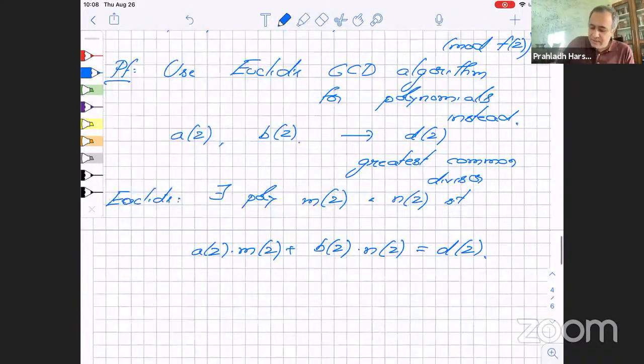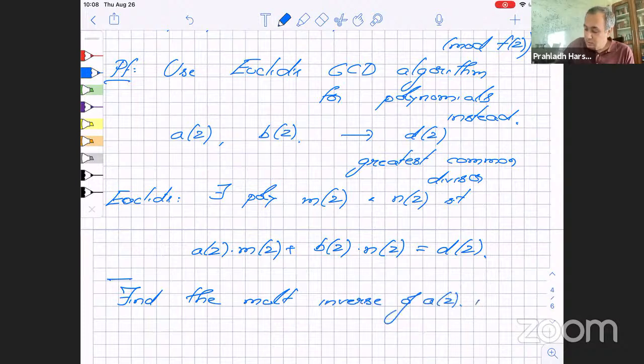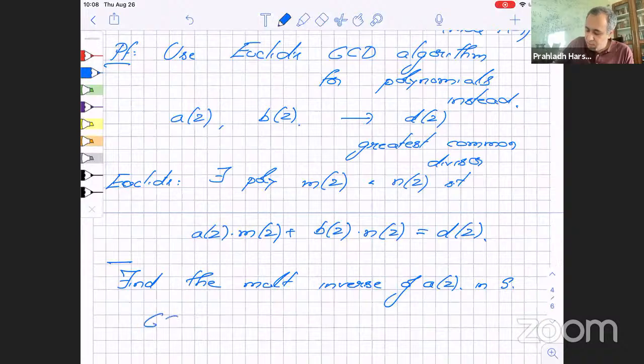Now you do exactly the same thing. If you want to find the multiplicative inverse of A of Z in the set S, let's look at the GCD of A of Z and F of Z. Once again, what's the GCD of these two objects?